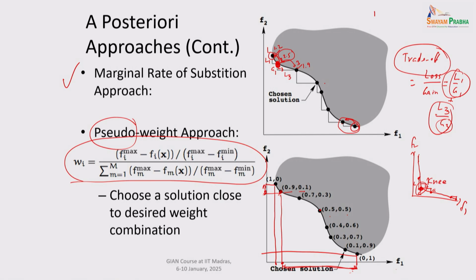So you look at all of these solutions, you compute the pseudo weight, and you are looking for a solution with 0.666, 0.333, so this one is twice the other in terms of weight. Now you see which one is closest to this. I would have liked a point here which is 0.666, 0.333, but I don't have it, and this is the closest one I have.